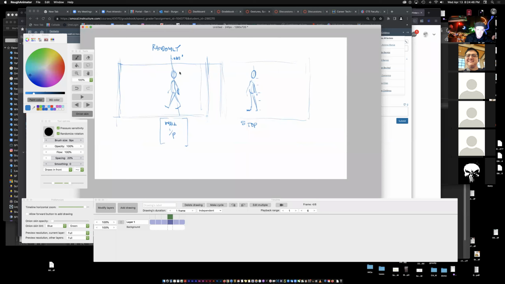We're doing our thumbs randomly, and we're kind of thinking about, are we going to have a full shot? Are we going to have a mid shot? This would be a mid shot right here. So this would be a wide. This would be a mid shot. This would be a close up.